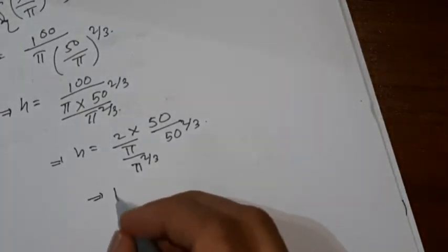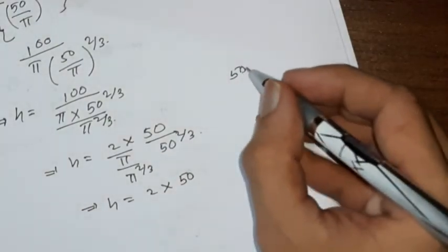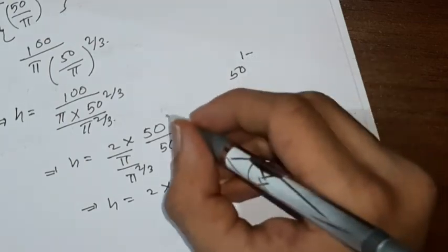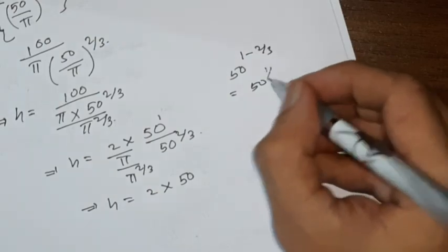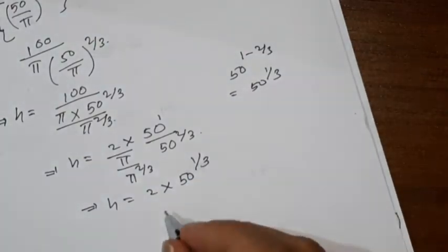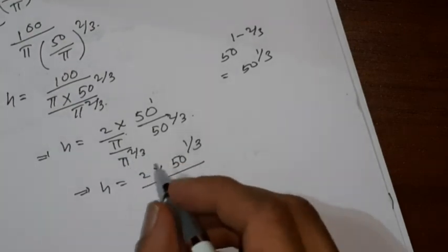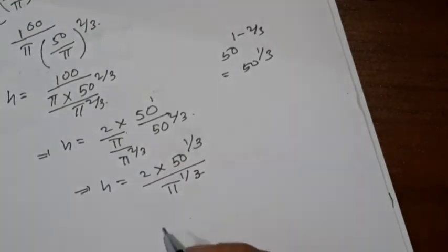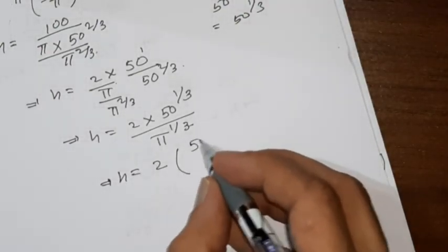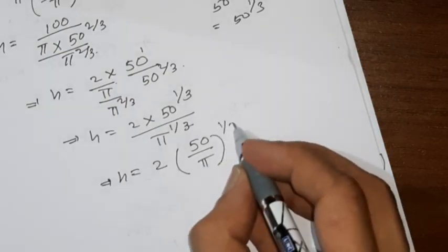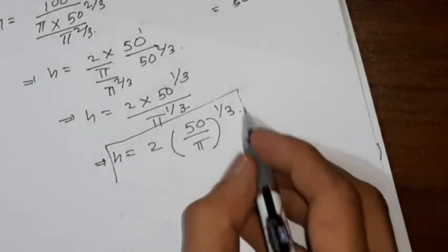So h is equal to 2 times 50 raised to 1 minus 2 by 3, that is nothing but 50 raised to 1 by 3, divided by, similarly, pi raised to 1 divided by pi raised to 2 by 3, which is pi raised to 1 by 3. So h is nothing but 2 times 50 by pi raised to 1 by 3. So this is the value of h.